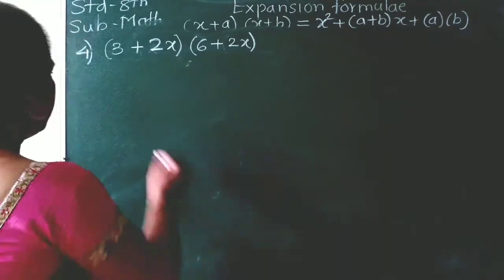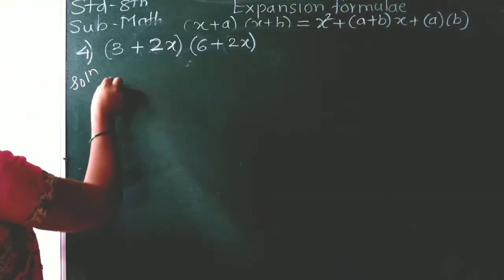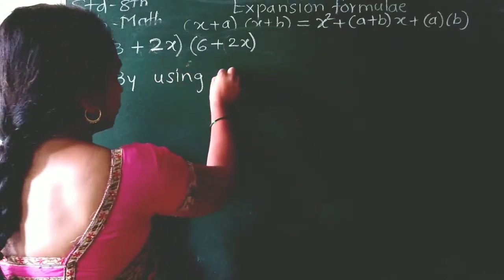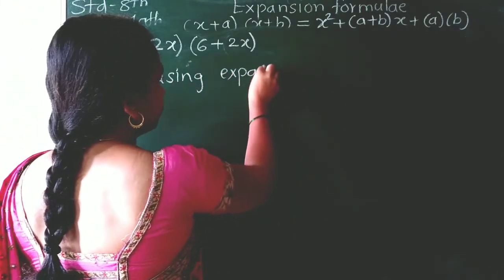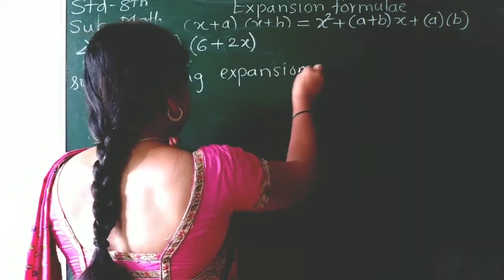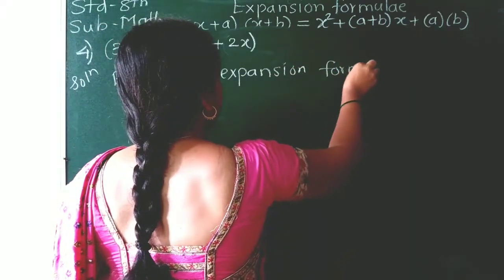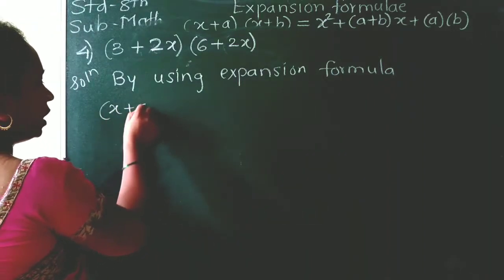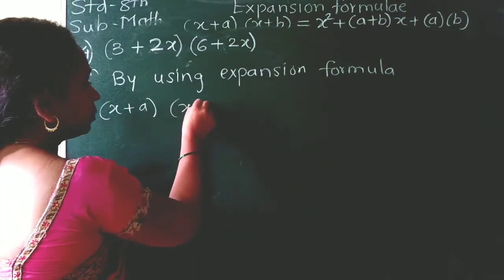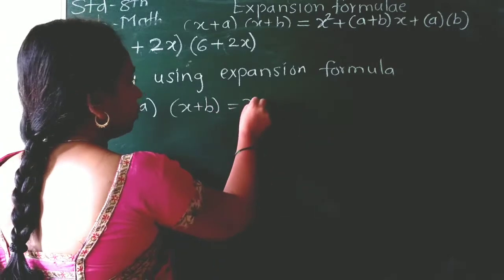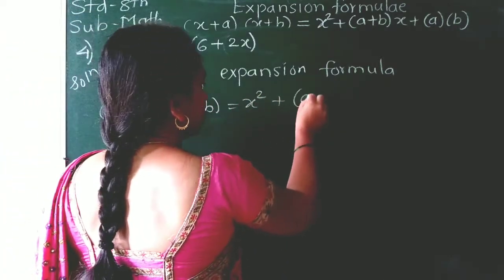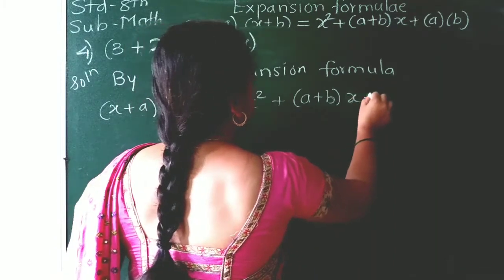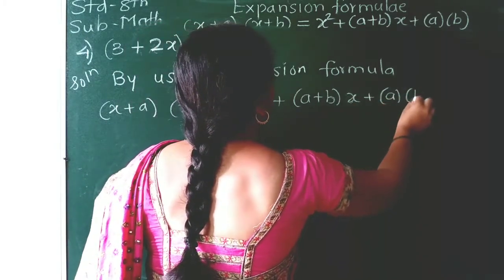Fourth example, solution by using the expansion formula: (x + a)(x + b) = x² + (a + b)x + ab.